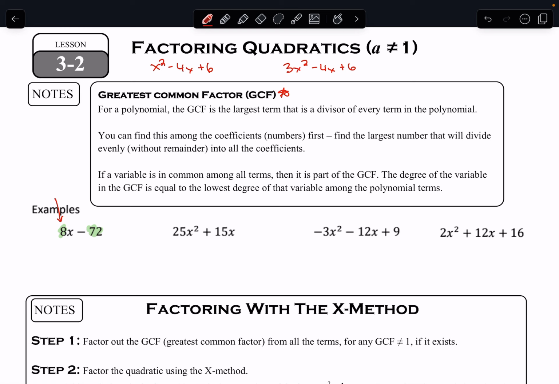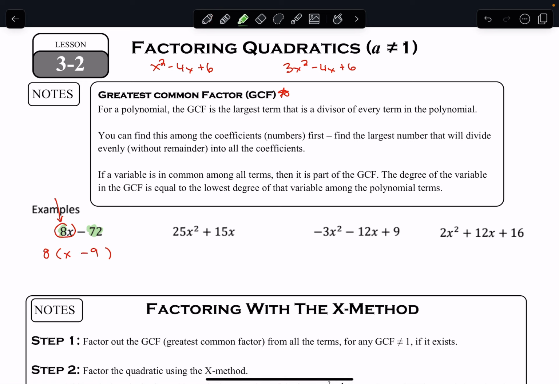And what it means to factor out the greatest common factor is I want to divide both of those by 8. I want to pull an 8 out. It's kind of like undistributing. So when I take 8x and I divide by 8, I'm just left with x. When I take negative 72 and I divide it by 8, I'm left with negative 9.